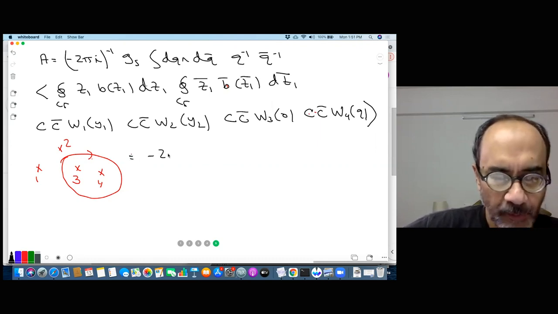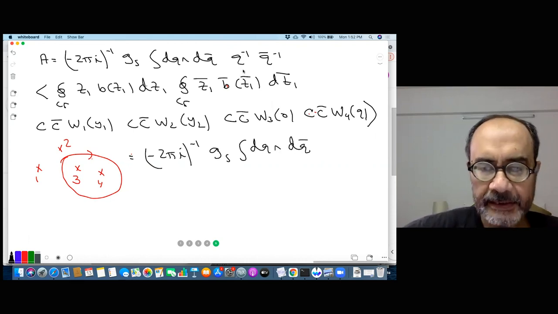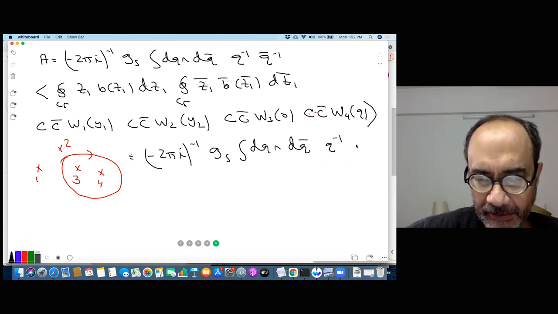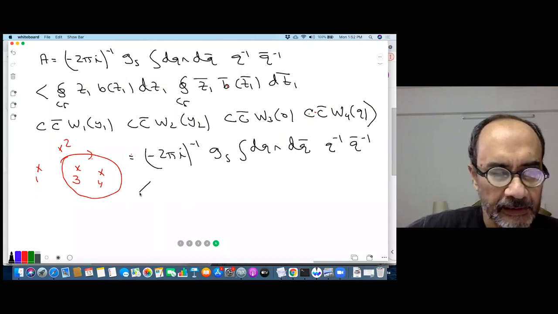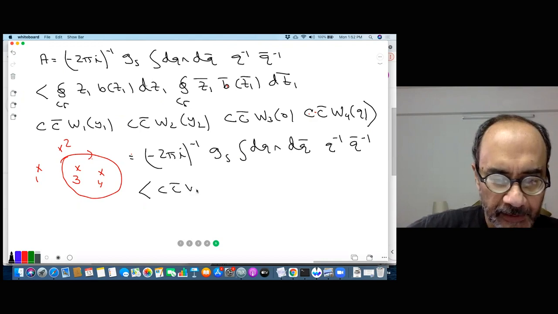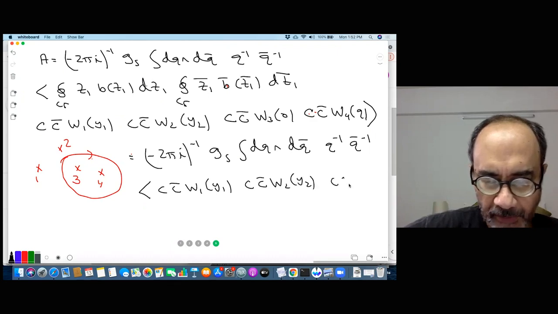that this is minus 2 pi i inverse gs integral dq wedge dq bar. This Q inverse and Q bar inverse gets cancelled. Maybe let me write it in here once. Q bar inverse. And then these contour integrals are now gone: cc bar W1 of Y1, cc bar W2 of Y2, cc bar W3 of 0.